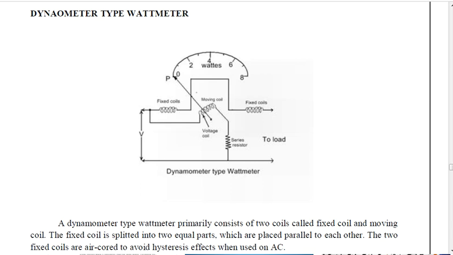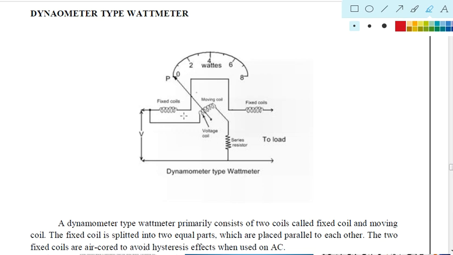This is the constructional diagram of the dynamometer type wattmeter. This is the pointer, this is the scale, and this is the fixed coil.